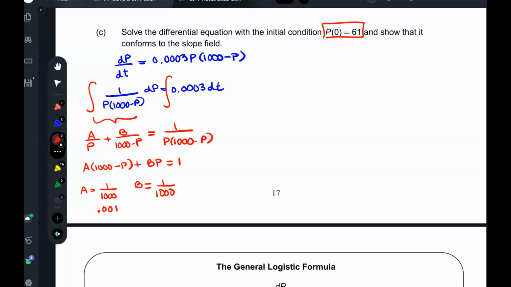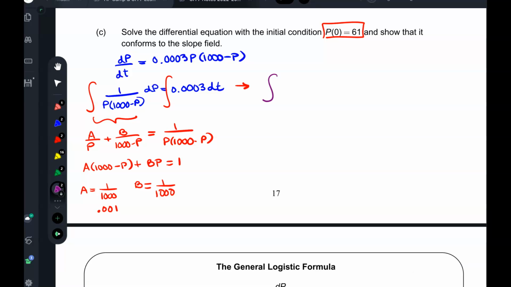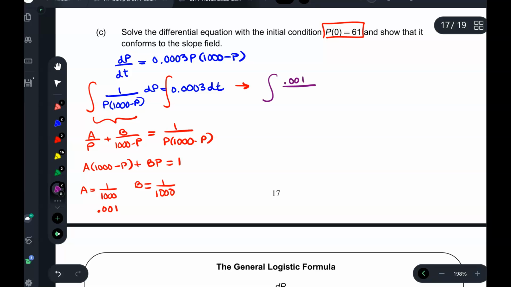All right. So here's what we want to do. We're going to integrate. So I'm going to go from this line here. We want to integrate 0.001 over P plus 0.001 over 1,000 minus P dP.